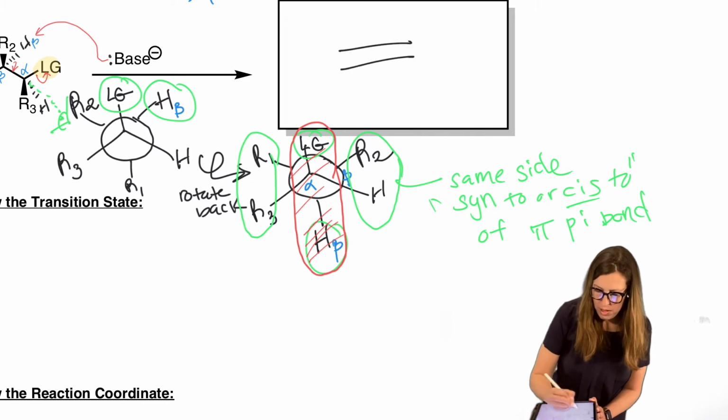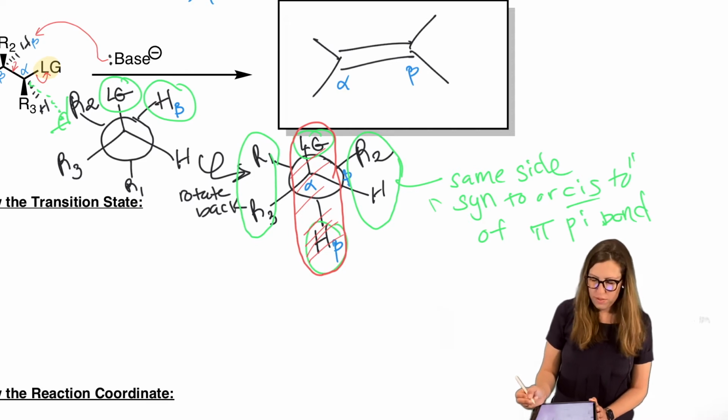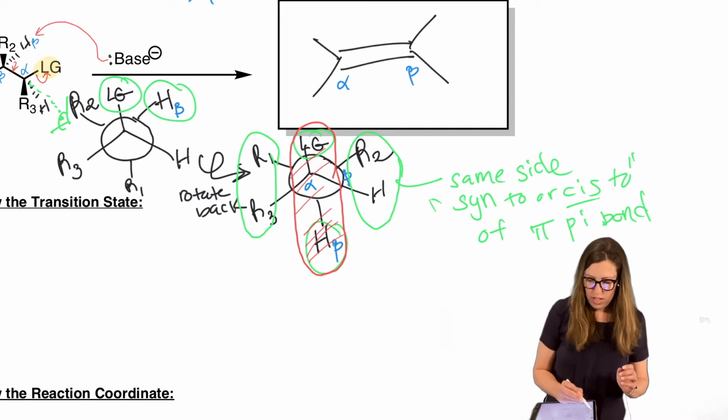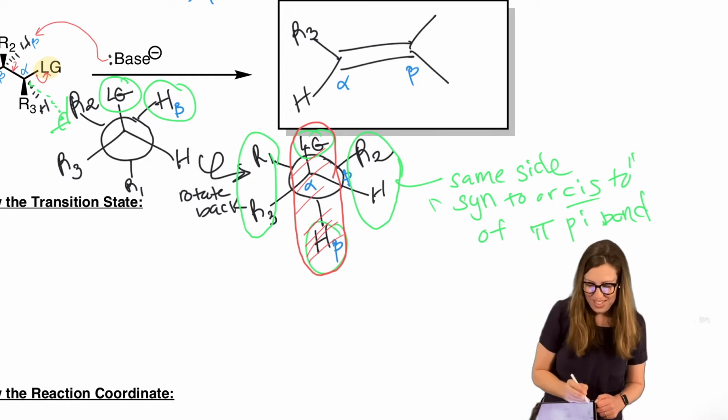Let's draw our final pi bond, our final answer. Okay, so drawing your 4 groups coming off the pi bond. Who's on alpha? Well, Lg's gone. Alpha has an R3 and an H, so just draw that anywhere you want. Don't worry about where; this is the part where your brain needs to kick in.